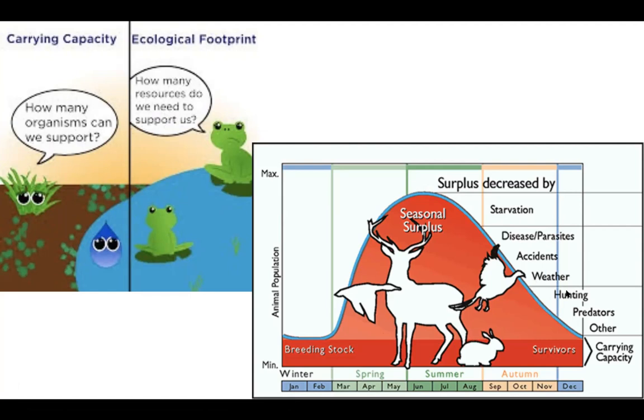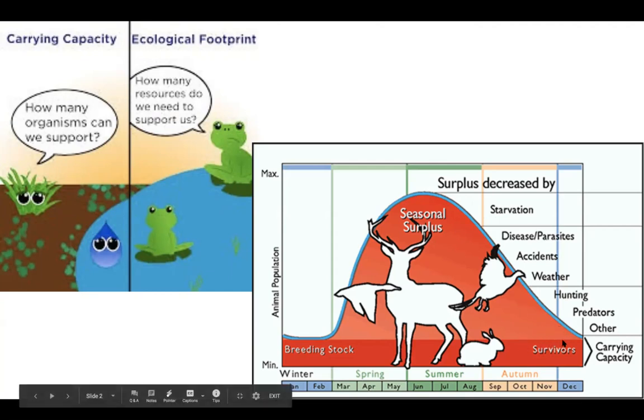Weather can affect them. Hunting and predation can also affect the numbers to bring it down. When we eliminate any of these factors, we can end up with a surplus of lots and lots of animals. And inevitably, other bad things will begin to happen until we get back down to our carrying capacity. So remember that curve there.